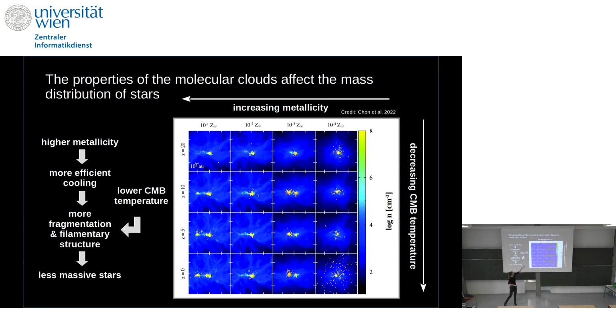And you see the same trend, best for the high metallicity case, the left column. As you go from the top, where you have the highest temperature, you find relatively more massive stars than if you go to today, which is redshift equals 0.